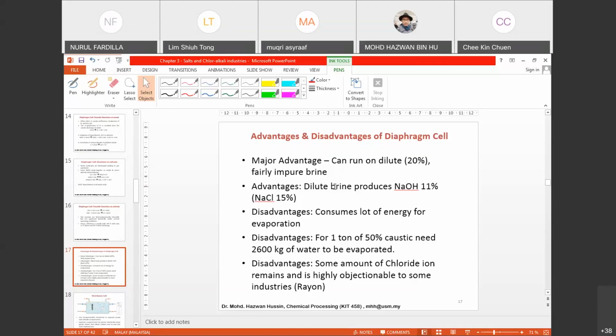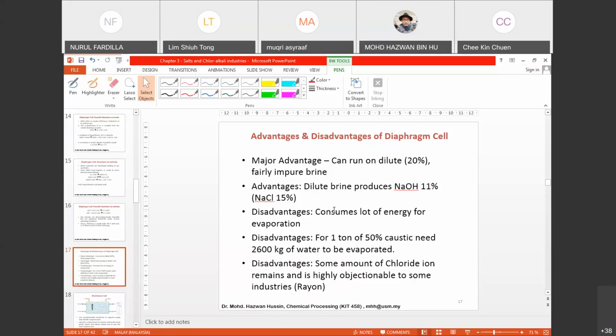The other advantage is dilute brine produces around 11% of sodium hydroxide with a remaining 15% of sodium chloride. But the disadvantage is that when you have dilute brine solution, in order to make it more concentrated or dry, you need to evaporate it.